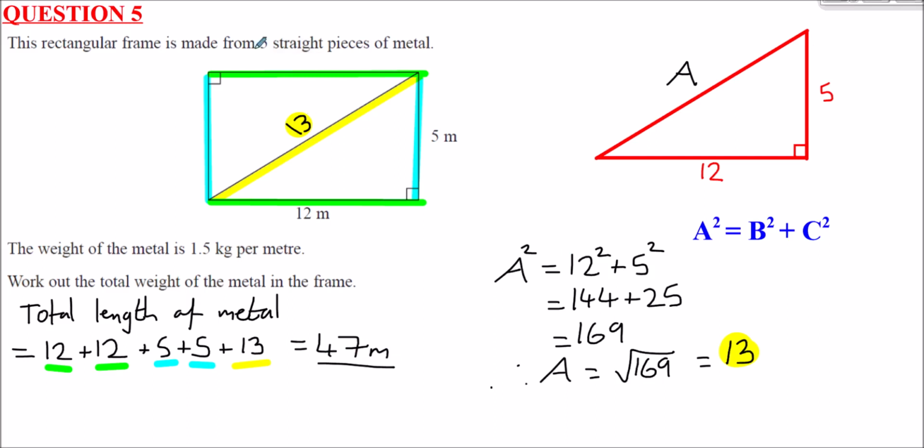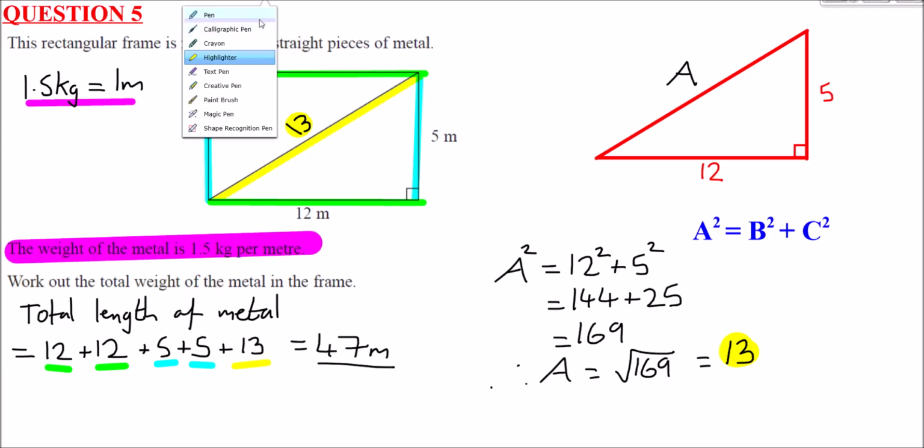We're also told, however, that the total weight of the metal is 1.5 kilograms for each and every meter we have. So if it's 1.5 kilograms for 1 meter, then we need to scale it up from 1 meter up to 47 meters.